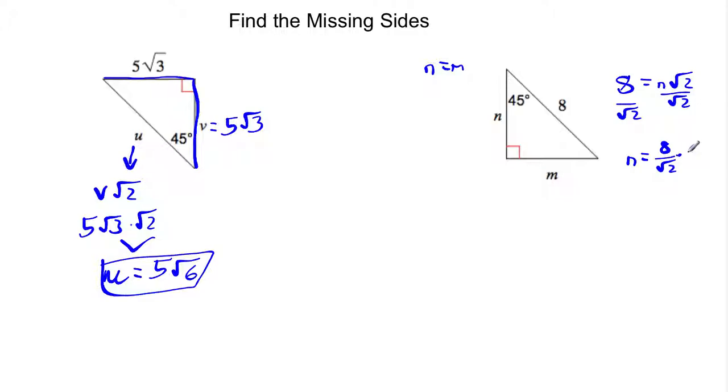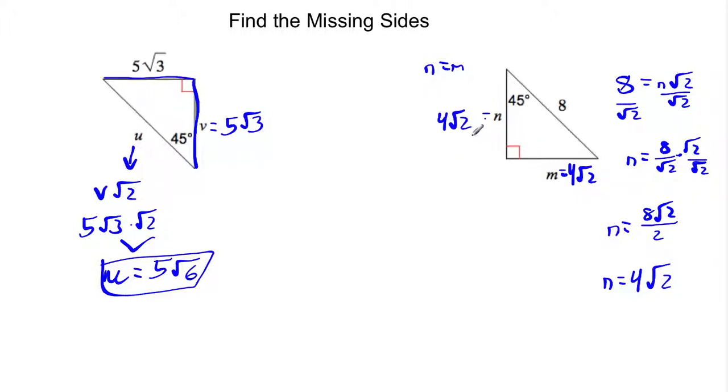So what we actually end up doing is multiplying it by root 2 over root 2. Because now in my denominator, I get root 2 times root 2, which is 2. And in my numerator, I have 8 root 2. But 8 divided by 2 here is 4. So I get n is equal to 4 root 2. So this is equal to 4 root 2, and this is equal to 4 root 2.